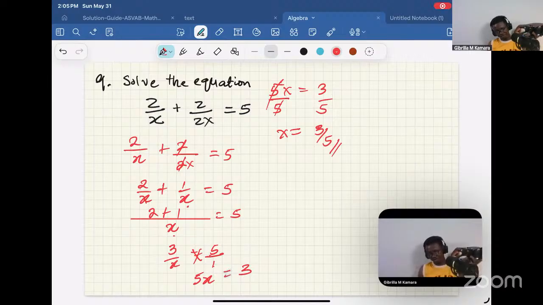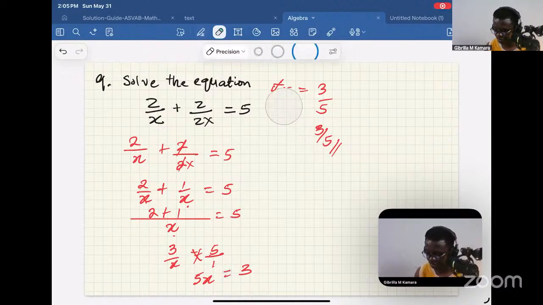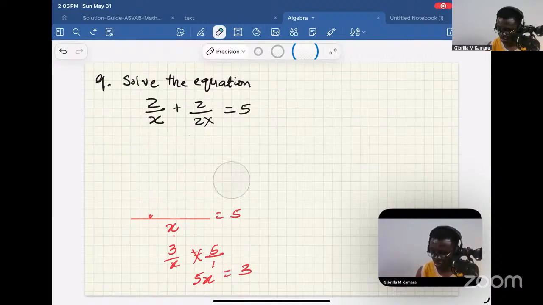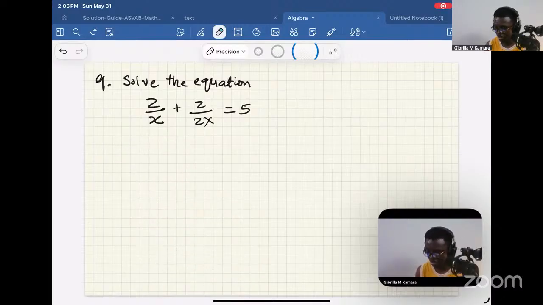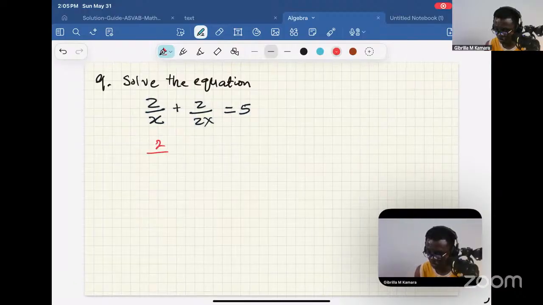That's one way. There's another way which I like to use. So instead of this, what I will do, instead of finding the LCM, of course, you have to know the LCM. So I have 2 over x plus 2 over 2x equals to 5. Now, if you look at this, x can go into this without taking that.